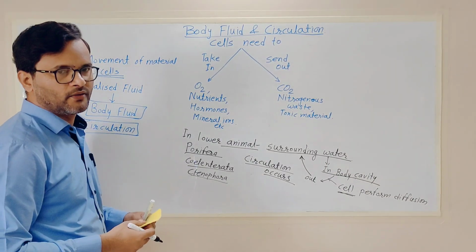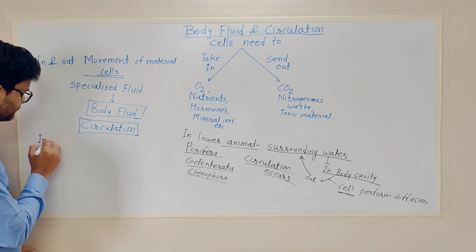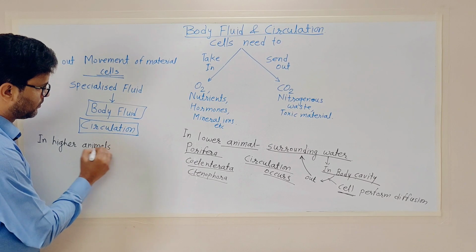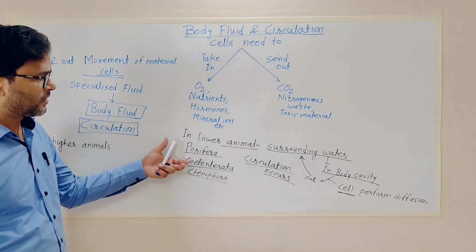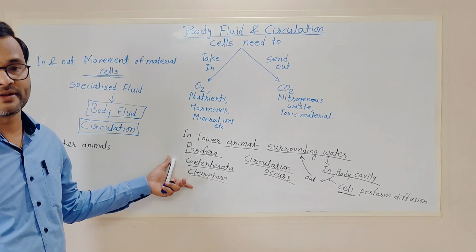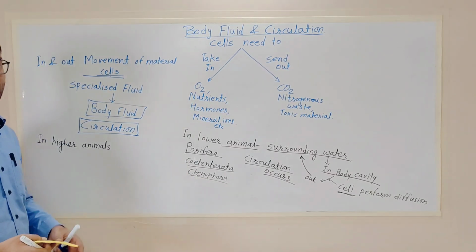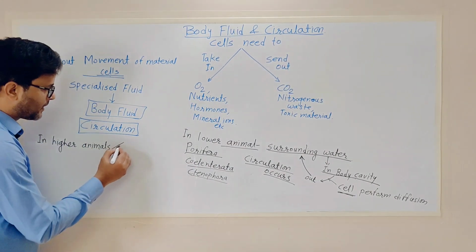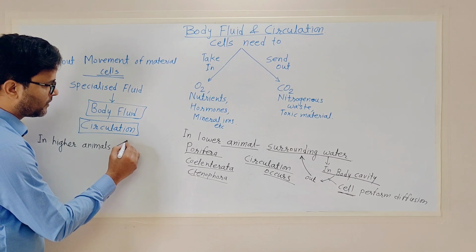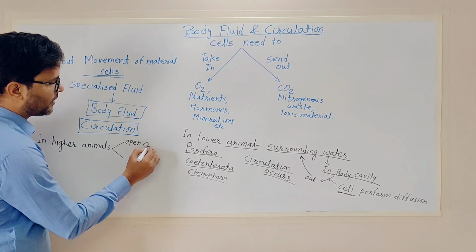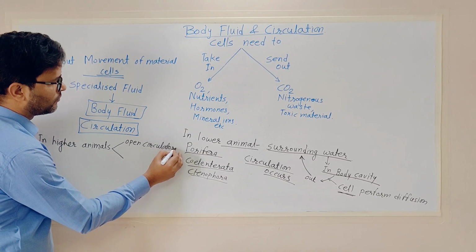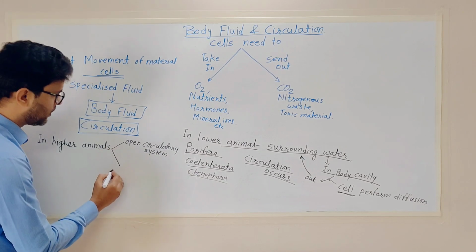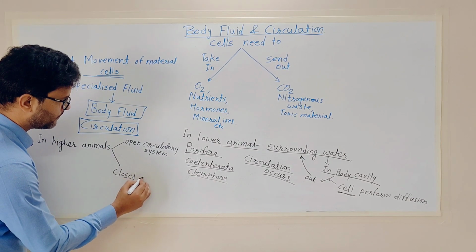The second point, in higher animals. The lower animals are where organ systems are not present, but in higher organisms organ systems are present, meaning the circulatory system is present. So they can be of two types. Either we can say open circulatory system or closed circulatory system.